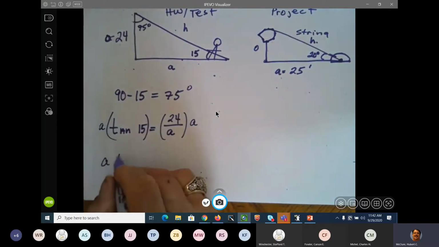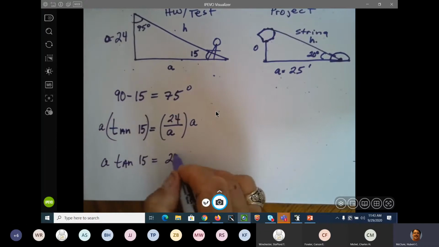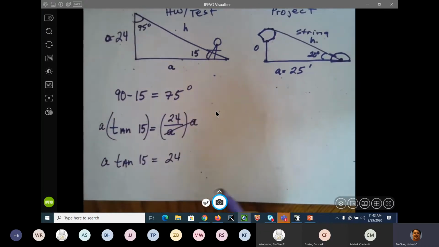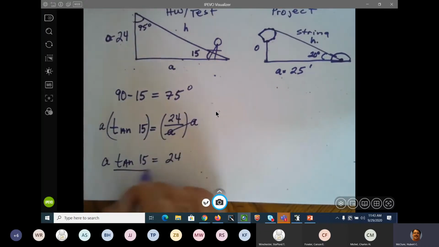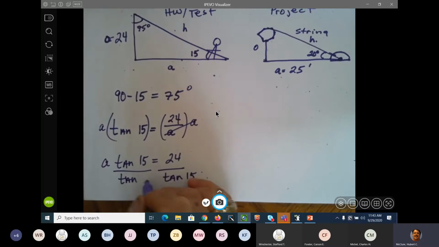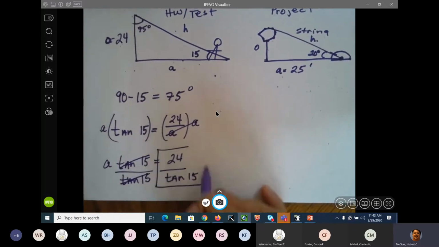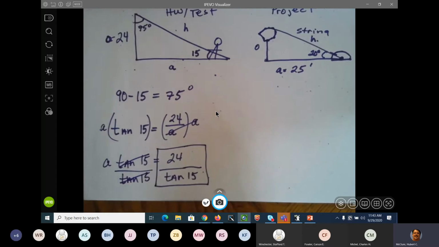So A times the tangent of 15 is equal to 24. Now, how do I get A by itself? I divide by the tan of 15. So A is equal to 24 divided by the tangent of 15 degrees.